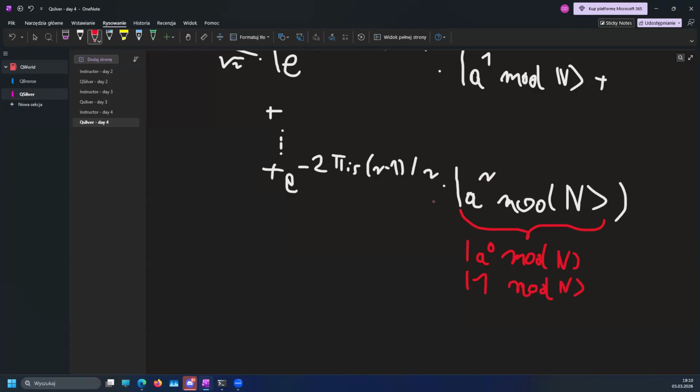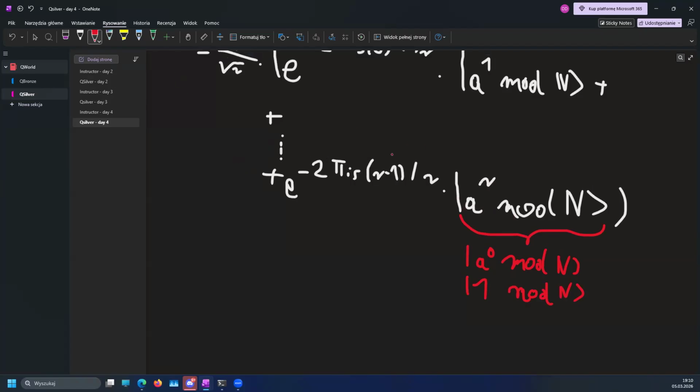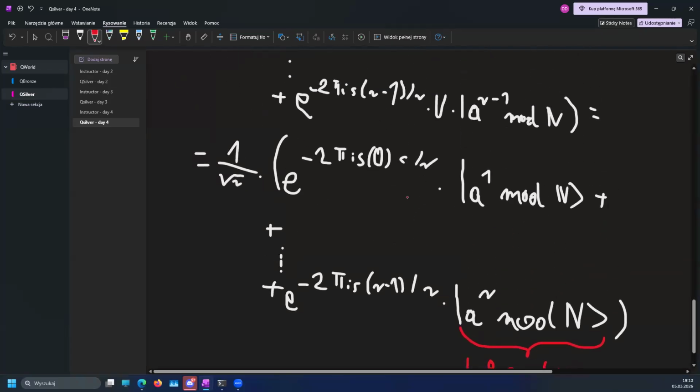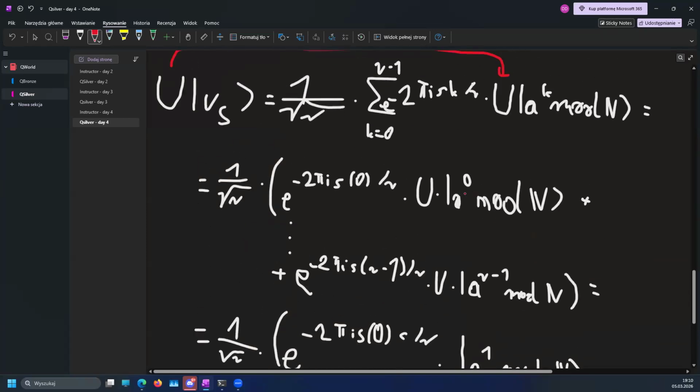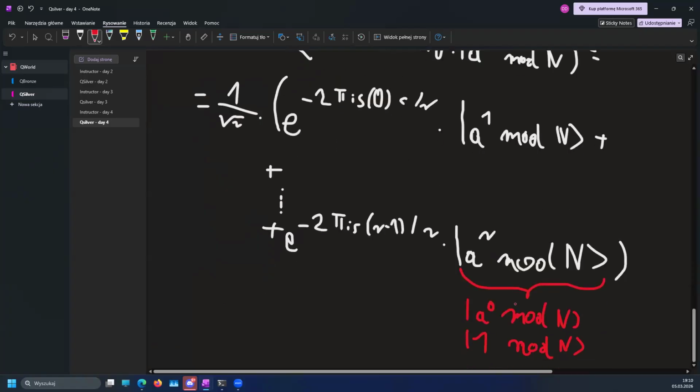And now, if you forget about the coefficients for a moment, you will see that nothing has changed, yes? So here we have qubits from a to the power of 0 to a to the power of r minus 1, this span of exponents. And here again, we have a to the power of 0, then a to the power of 1, and it all ranges up to a to the power of r minus 1, yes?